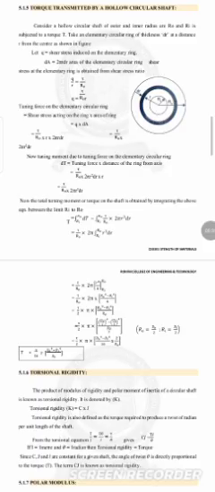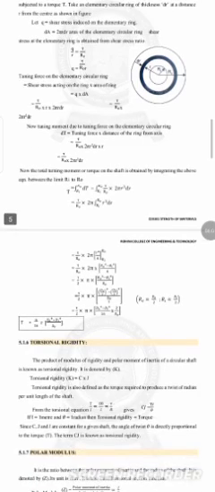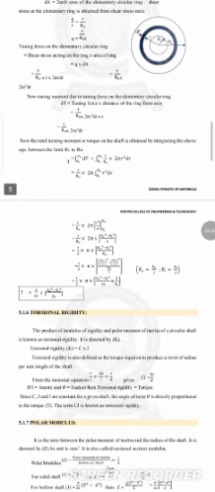So q is equal to tau r divided by capital R0. Then the turning force on the elementary circular ring is equal to the shear stress acting on the ring into the area of the ring, q into dA, which is equal to tau r divided by R0 into 2 pi r square into dr. Now the turning moment due to the turning force of the elementary circular ring, find dT and integrate the T value from inner radius to outer radius. We get T is equal to pi by 16 tau into D0 power 4 minus Di power 4 divided by D0, the outer diameter.